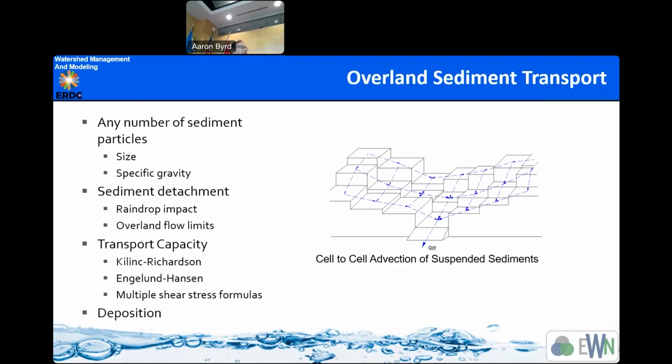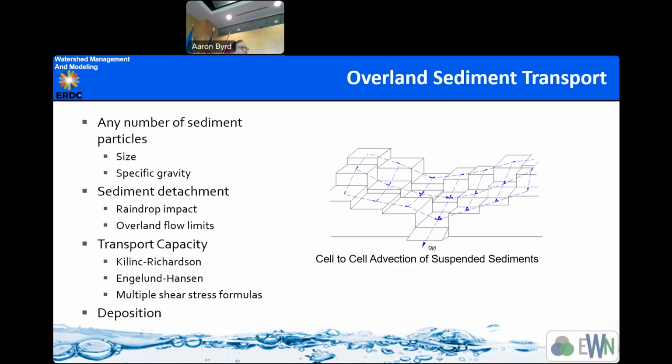So in GSSHA, sediment doesn't have to be a lump of just sediment, but we can distinguish the sediment in terms of particle size. So it can be any number of particles, right? For example, silt is very fine, sand is coarser, but there could be gravels, all those things. And you can also define the physical properties in terms of the particle size, like specific gravity.